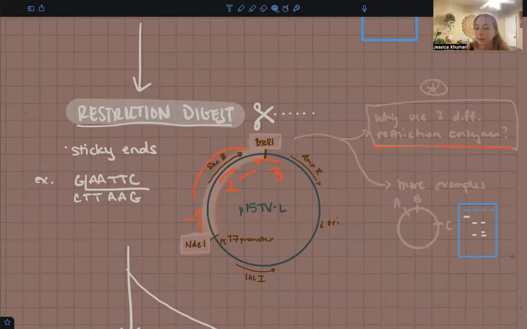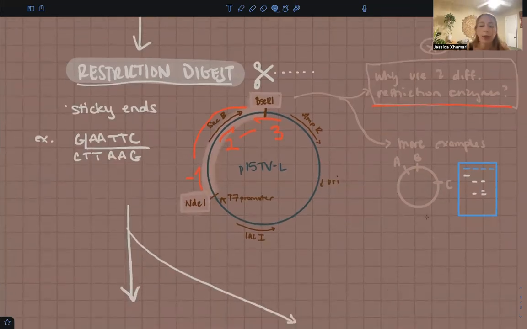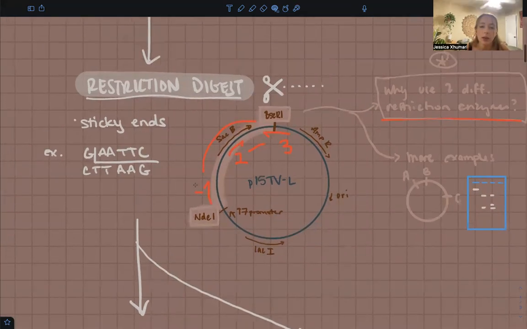For example, over here on the right, just be comfortable with cutting plasmids and then visualizing that on a gel, right? So you can also refer to my review about the primers, but basically you can use different primers in different locations, as well as restriction enzymes, to analyze if your insert has been inserted properly after the fact.